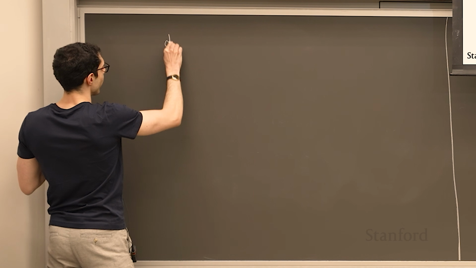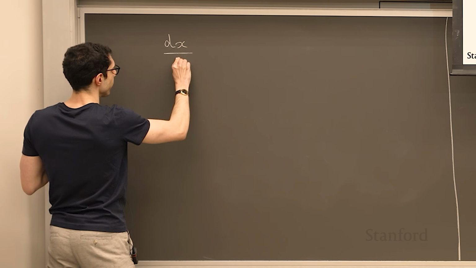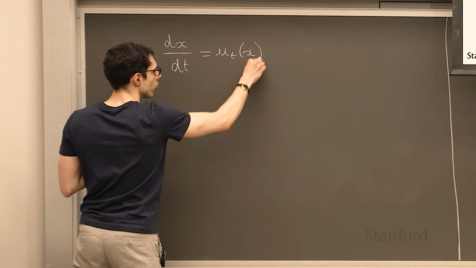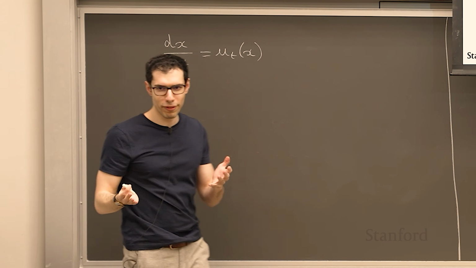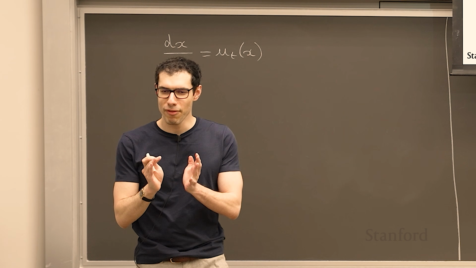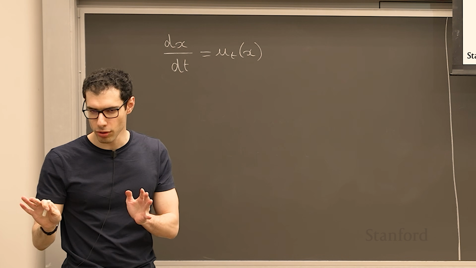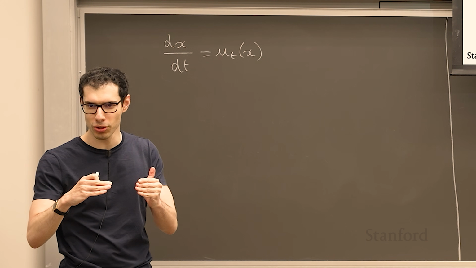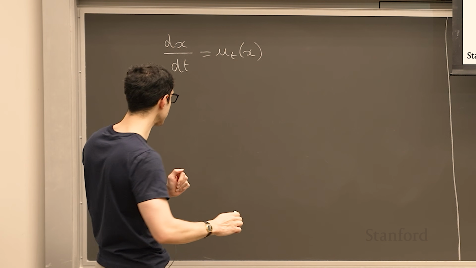So here we have our ODE. If we have a vector field that is not Lipschitz continuous, we can have trajectories that start from the same point but that are actually different.